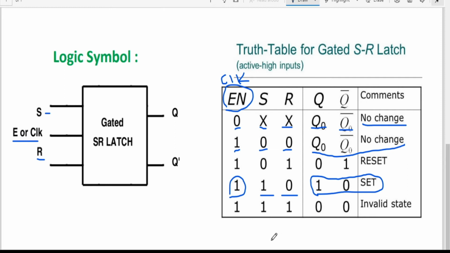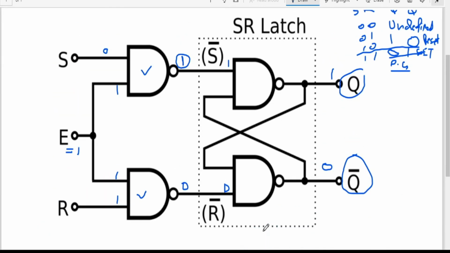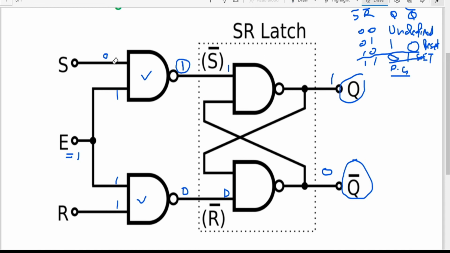Now the next input that we are going to give is S equal to 1 and R equal to 0. At that time, what will happen? The upper NAND gate is going to have a 0 and the lower NAND gate is going to have a high.